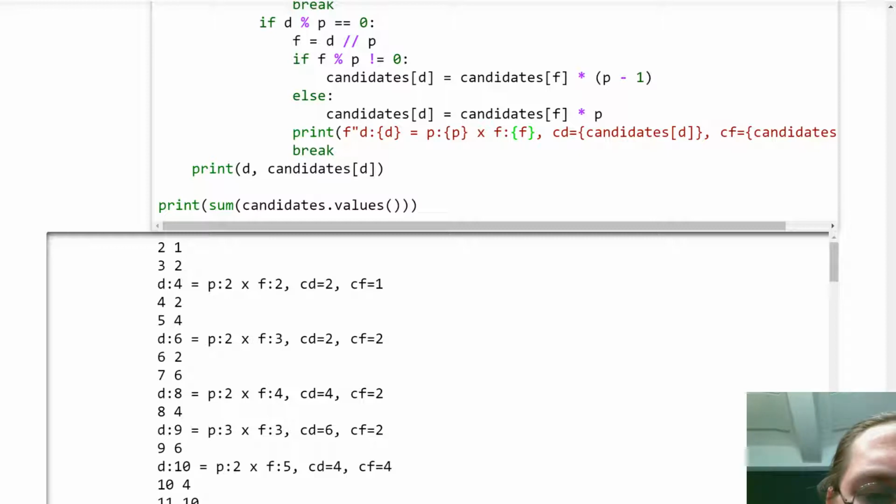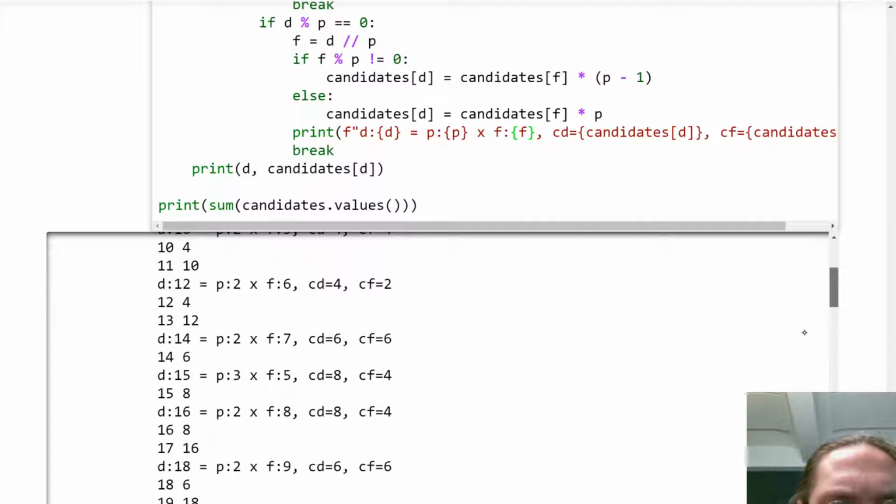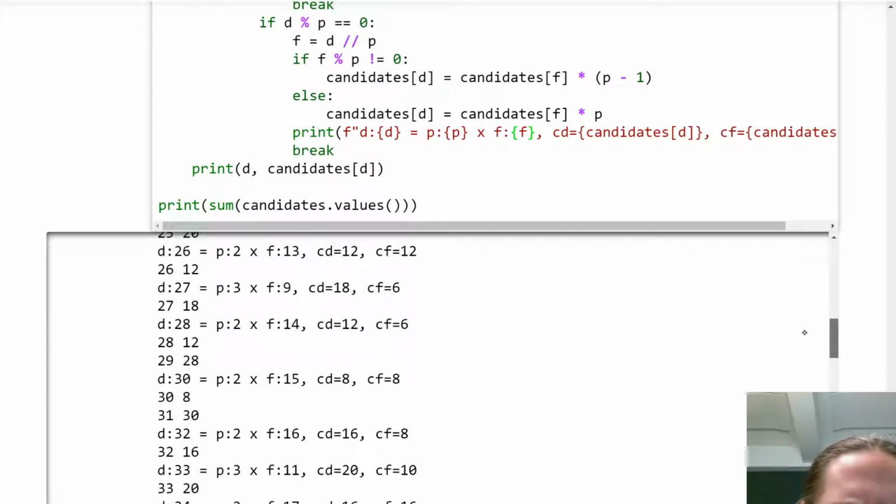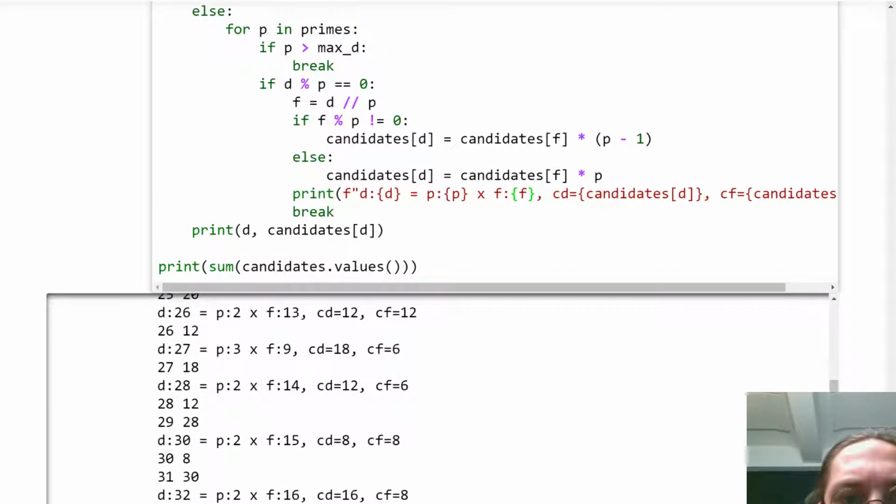Yeah. So you get at 10, you find a prime factor 2, and you take the number of 5. 5 had 4. Can we look for our 30, I guess. 30. So D, okay, so P equals 2 times F equals 15. Why are we at F equals 15? Because we were looking at P equals 2.